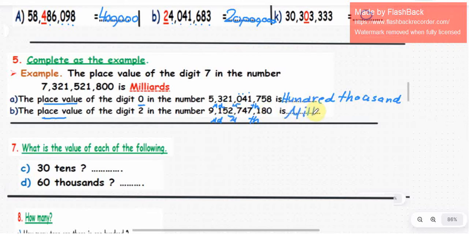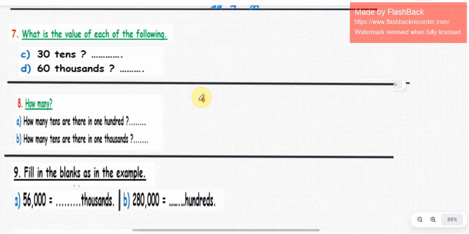I'm going to write million by letters because when he asks about place value, it's by letters. Question number 7. He asked what is the value of each of the following. Letter C here, 30 tenths. I have to cancel the word tenths and put a 0. So it will be 300.